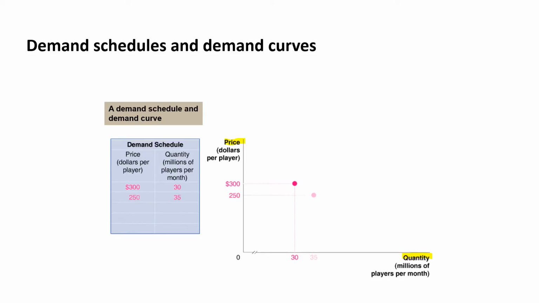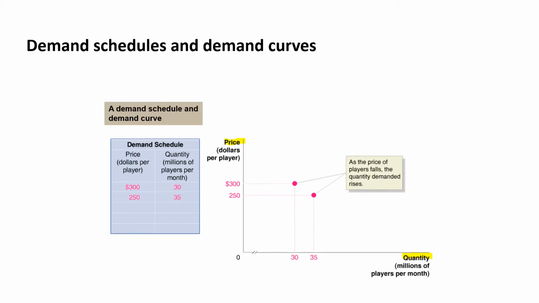Let us look at the second option. When the price goes down to 250, what happened? There is an increase in the quantity. So when the price is 250, you are willing to buy 35 units of players per month, a million players per month. When the price decreases, the quantity increases.